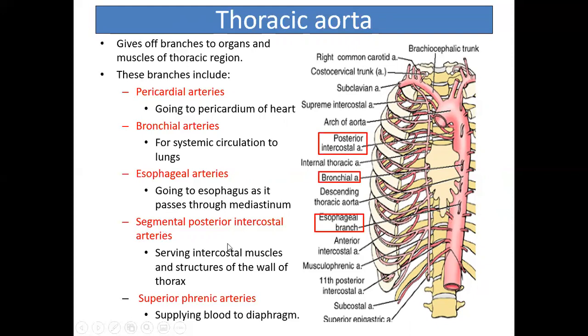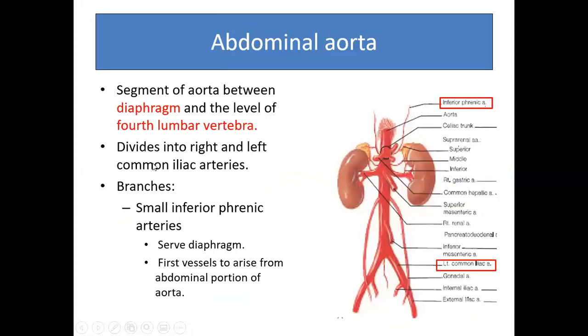And then we also have the segmental posterior intercostal artery that supplies the intercostal muscle and the structures of the wall of the thorax. And we also have the superior phrenic artery that supplies blood to the diaphragm. So these are the branches that arise from the thoracic aorta. We have 1, 2, 3, 4, and 5 branches.